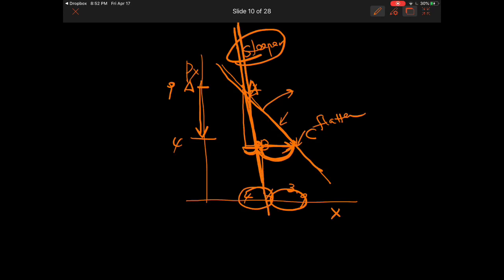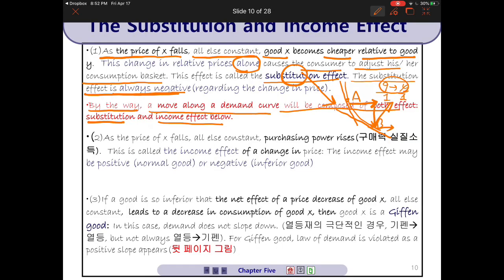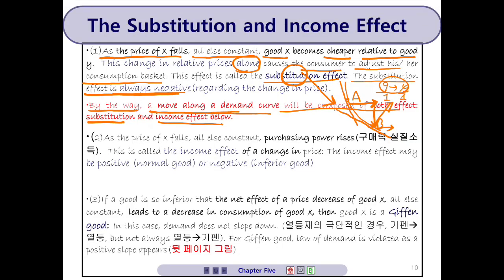That's what that sentence is saying. Let me go back to there. By the way, a move along the demand curve will be composed of both effects, substitution and income effect. So if we ignore the income effect, the demand curve becomes steeper than before.